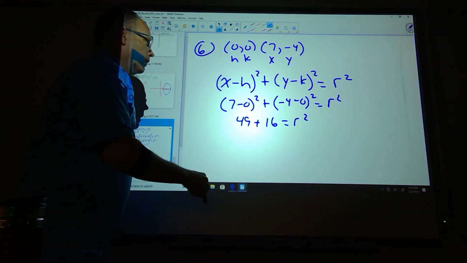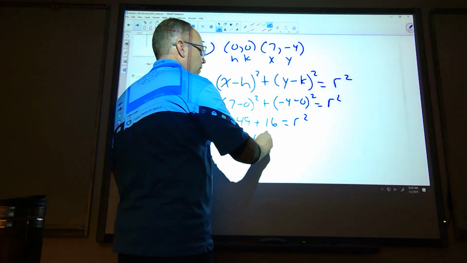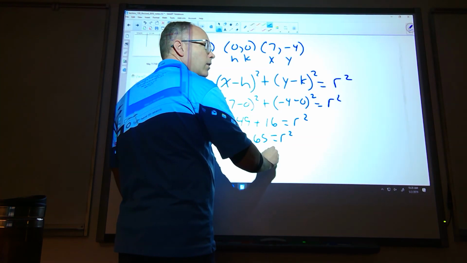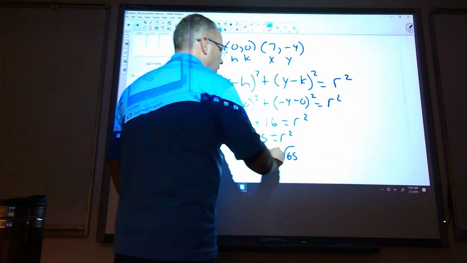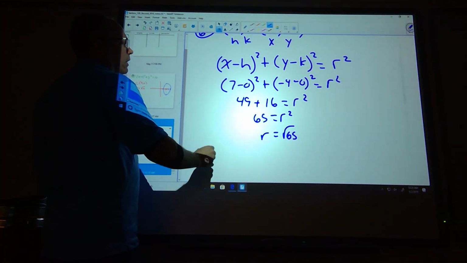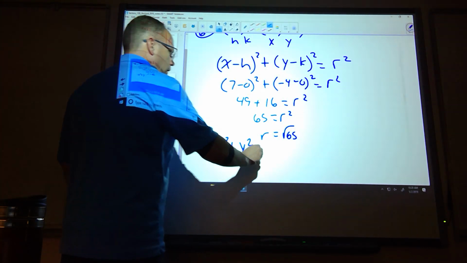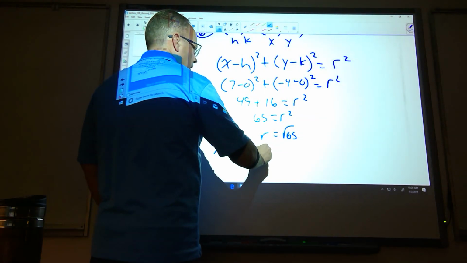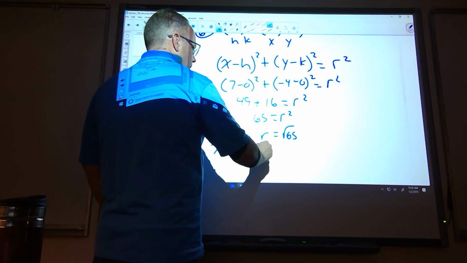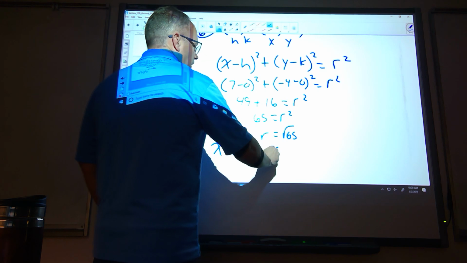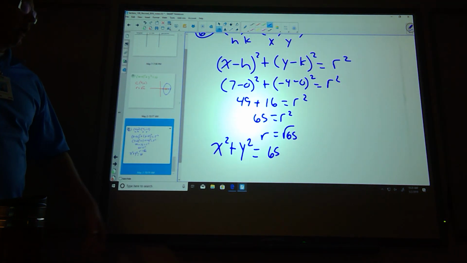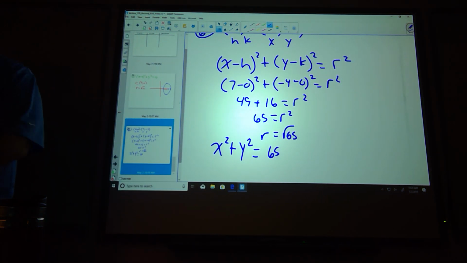So 65, it's the square root of 65. Because it's centered at the origin, the equation is x squared plus y squared equals 65, because it's root 65 quantity squared. So that's your equation. What else did you see on the homework?